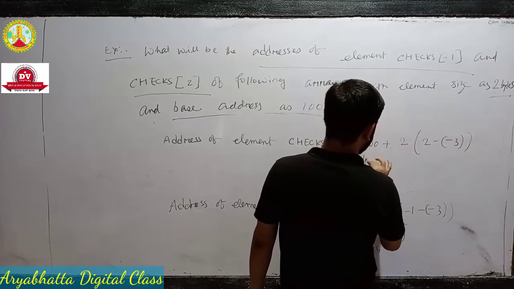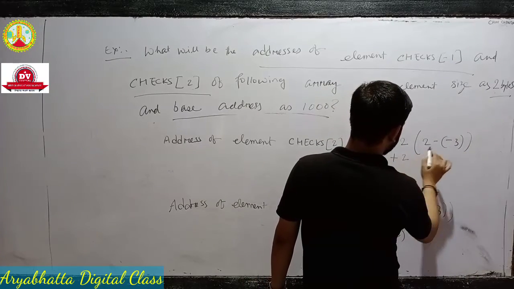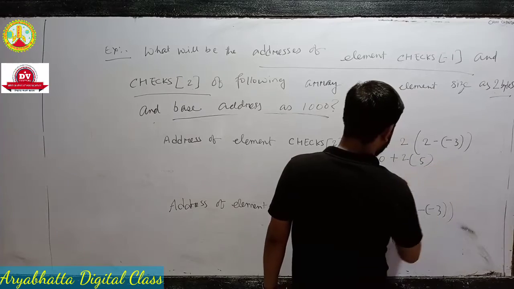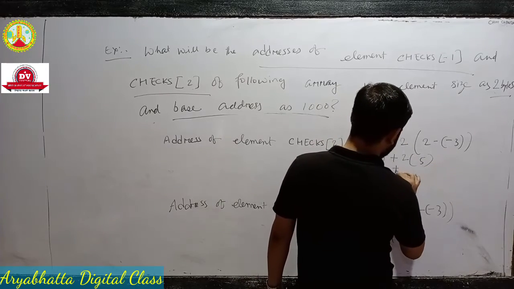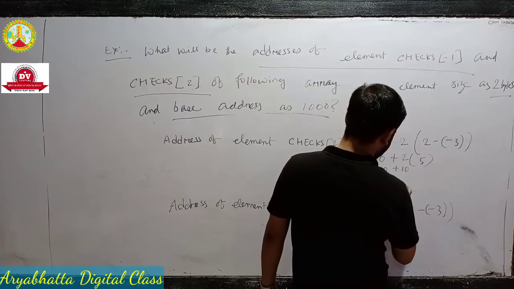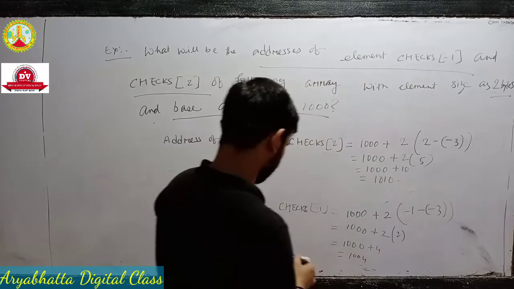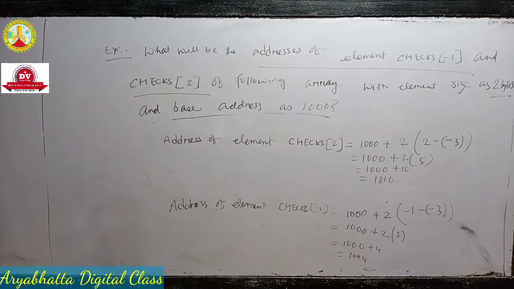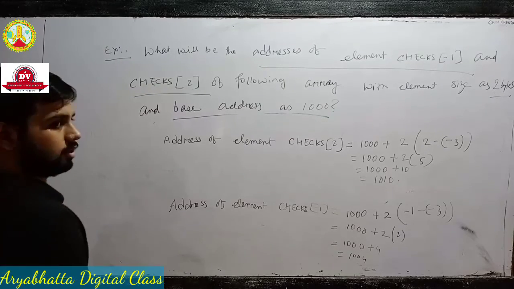Here 2 plus 3 is 5, 2 times 5 is 10, so 1010. Okay, you understood?